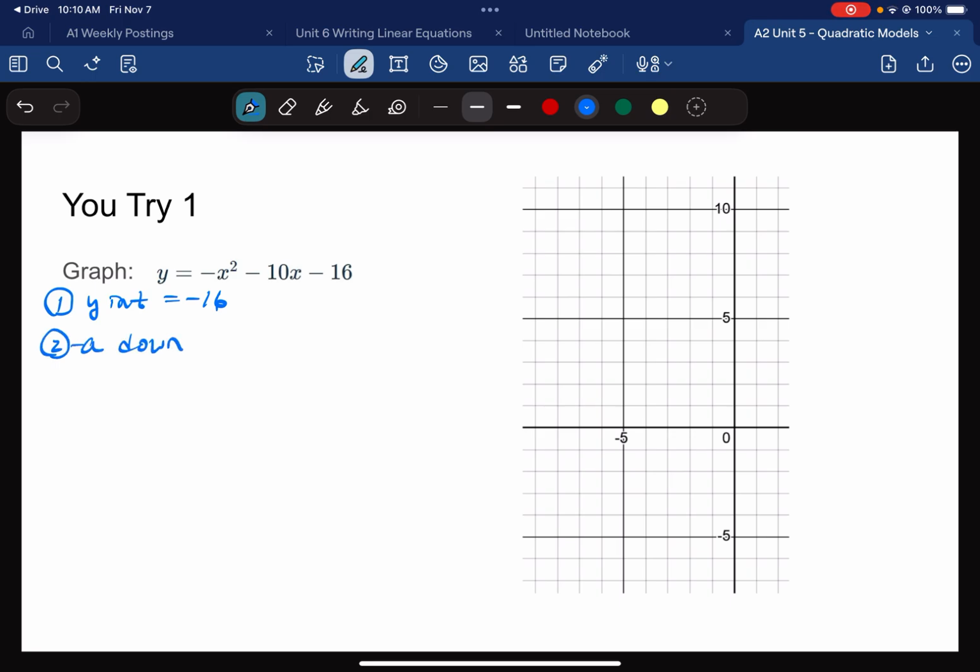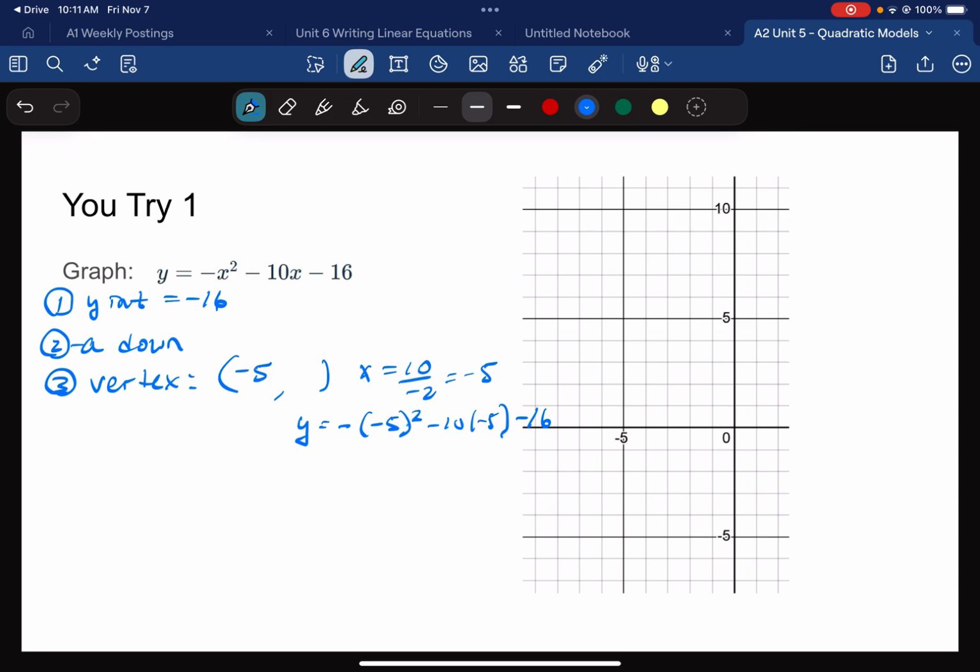So I got a y-intercept of negative 16. The a value tells me it opens down. The vertex starts with 10 over negative 2, or negative 5. The y-coordinate of the vertex, you've got to be careful with this one. So negative, and then x is negative 5 squared minus 10 times negative 5 minus 16.